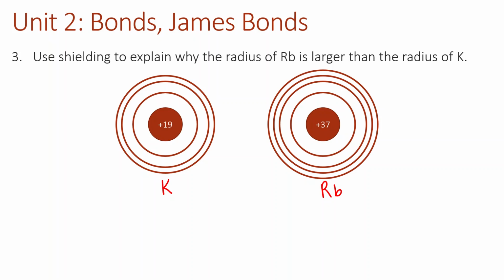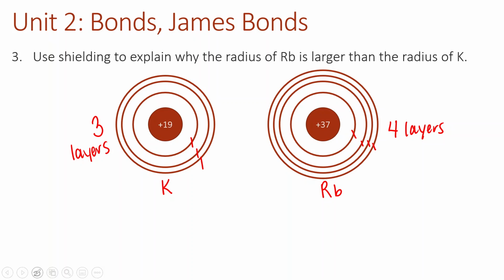Potassium only has 1, 2, 3 layers of electrons here, whereas rubidium has 1, 2, 3, 4 layers of electrons here. So because rubidium has more energy levels, we know that its radius is going to be bigger. So how does that relate to shielding?